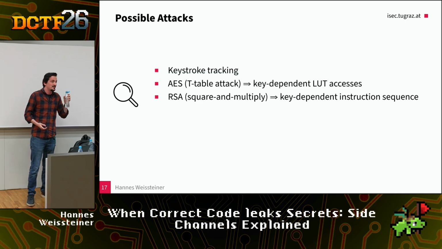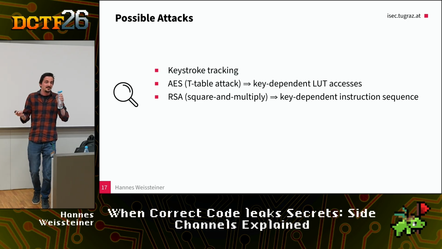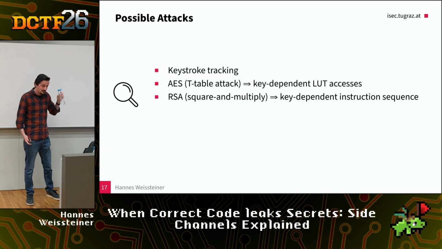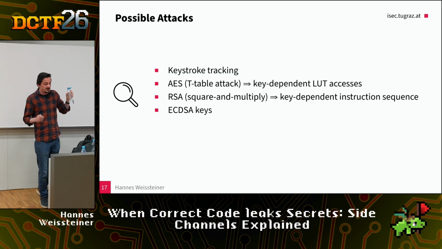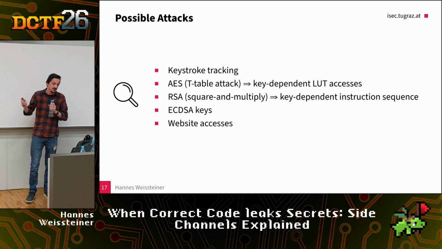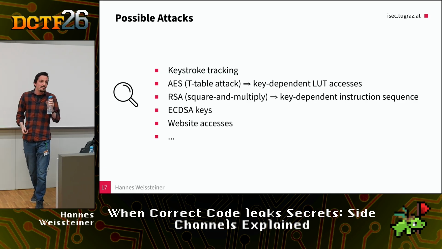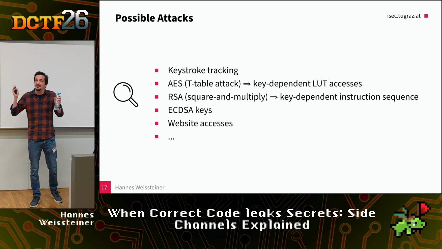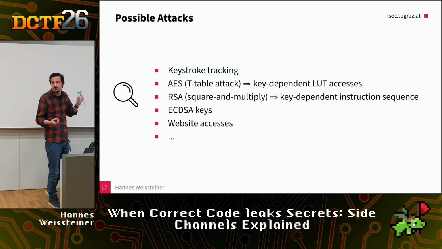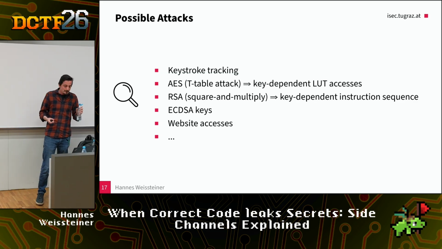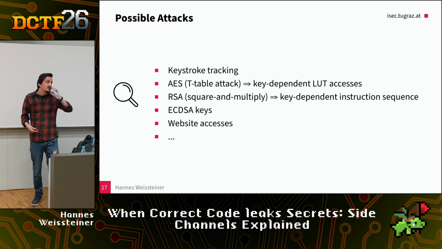People have recovered RSA keys with this by tracking the execution of a square-and-multiply algorithm. And there are also ECDSA keys that have been recovered, website accesses, stuff like that. So by just this very simple attack, we just track access times to addresses, and we can already do a bunch of stuff.